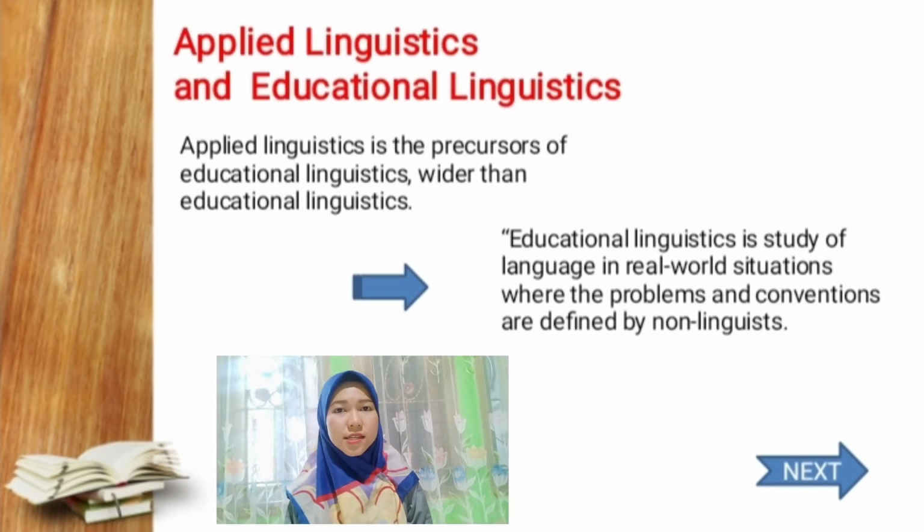Next chapter discusses applied linguistics and educational linguistics. Applied linguistics is the precursor of educational linguistics. According to Bloomfield's theory, educational linguistics is inevitably a sub-branch of applied linguistics, the study of language in real-world situations where the problems and conventions are defined by non-linguistics.